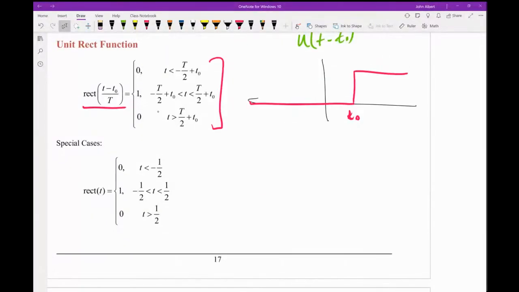But I'll add it. The reason why it's called direct is that it's the abbreviation of rectangular.